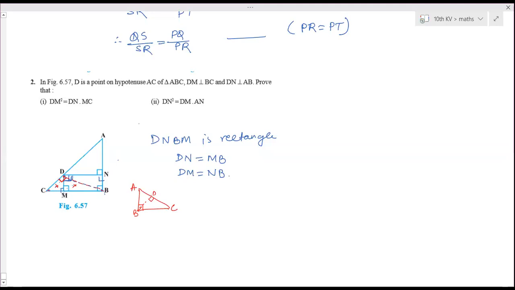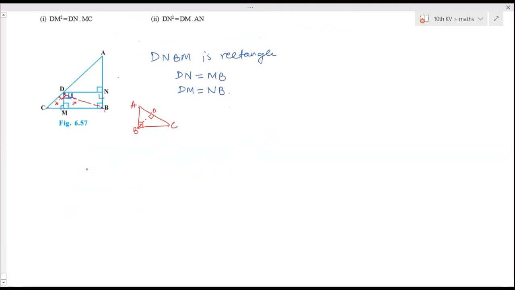So that means DMC and DMB are similar triangles. Write it down. No need to prove it again. So we know angle BDC is equal to 90 degrees and DM is perpendicular to BC.